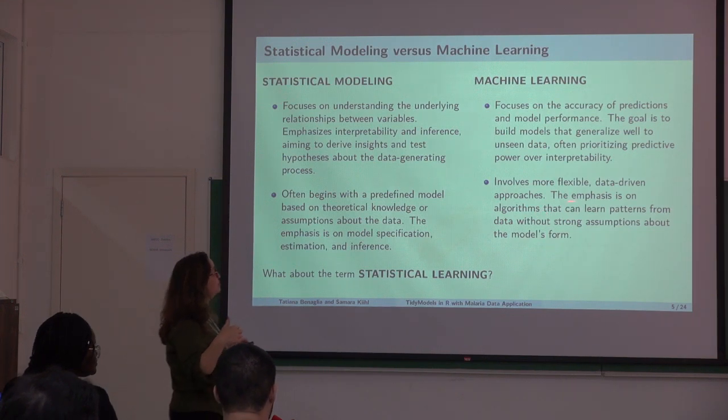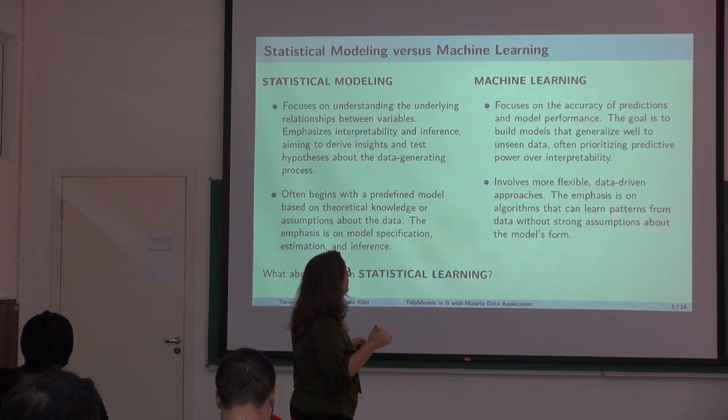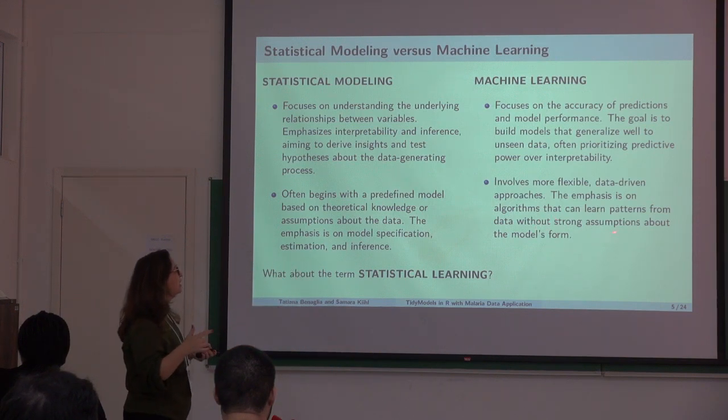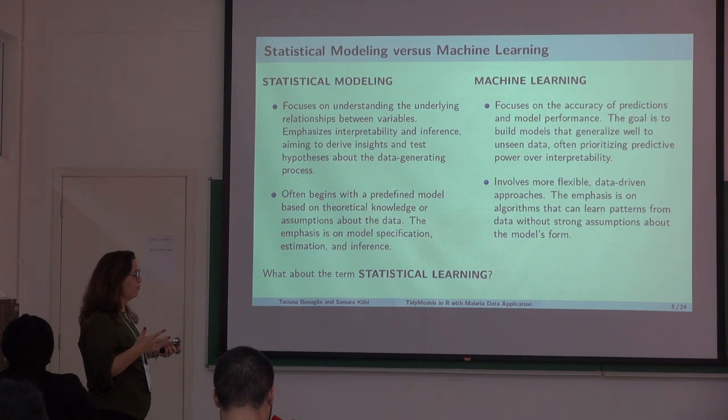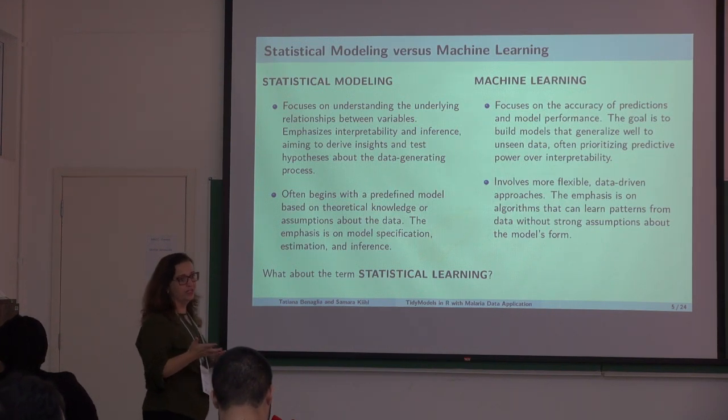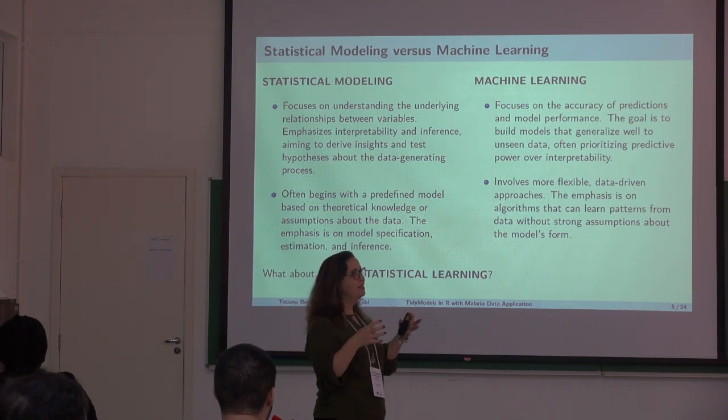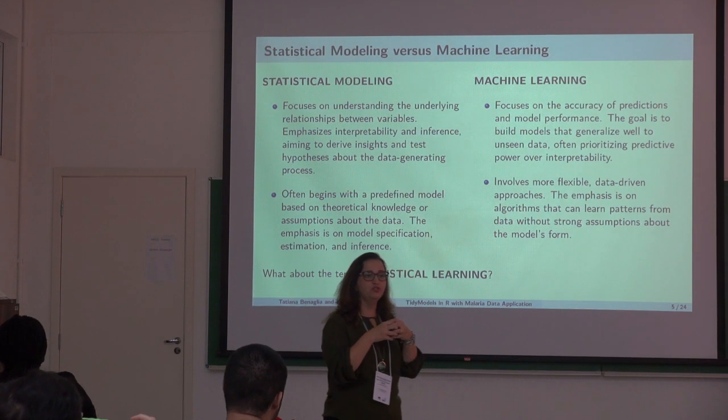It involves a more flexible, data-driven approach, and the emphasis is on algorithms that can learn patterns from data without strong assumptions about the model's form. But there is something called statistical learning, which I think is a combination of these two areas.